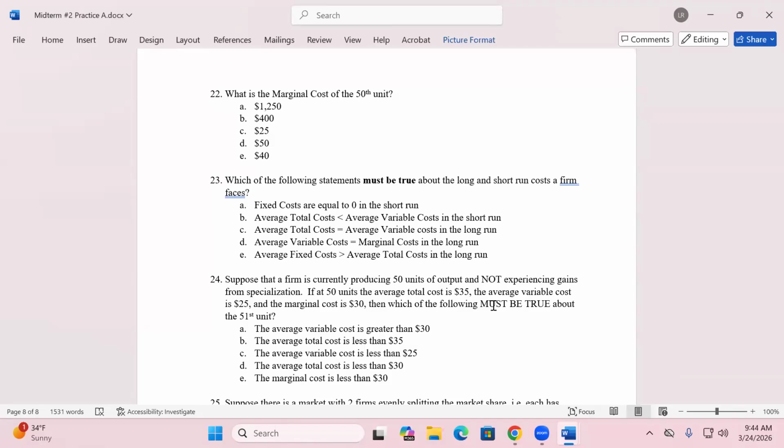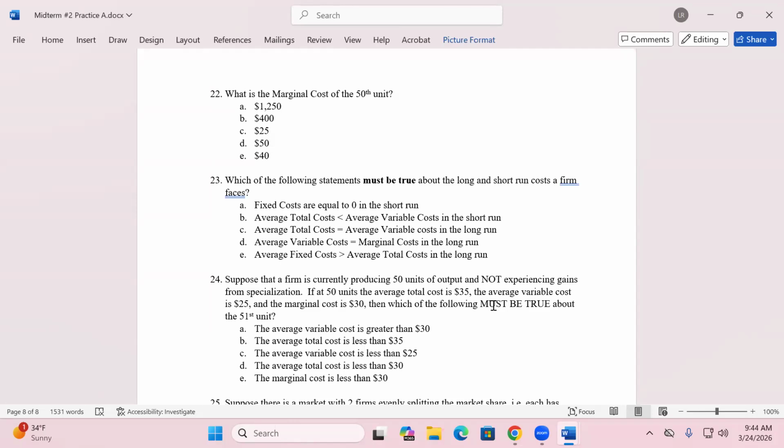So the problem here told us that at a quantity of 50, I'll write it up here, marginal costs were 30, average total costs were 35, and my average variable costs were 25.